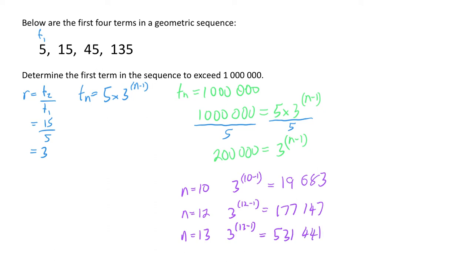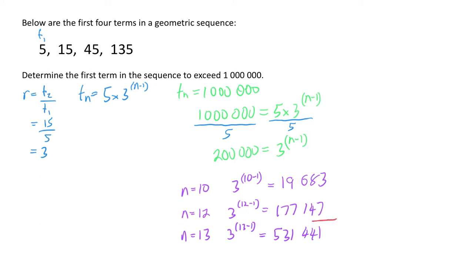531,441. So I can see that I have indeed gone past the 200,000 I'm looking for. That is what I want: to know when I go from being below 200,000 to being over 200,000. In terms of the sequence, it means I'm going from below 1 million to over 1 million.